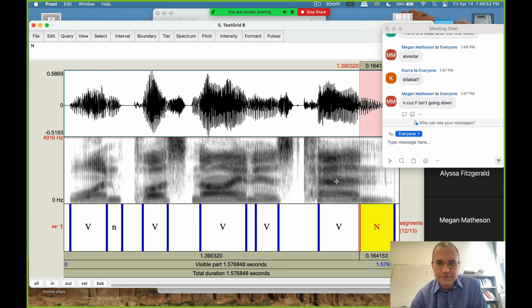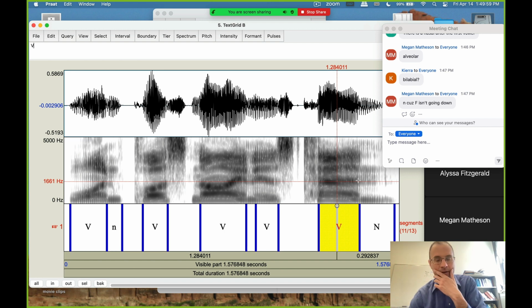Yeah, so take a look at F2, and as Megan points out, staying pretty level. So for bilabial, we'd want to see it pop down like we saw in the practice exercises. For velar, we'd probably want to see it go up and meet up with F3 there. So yeah, I think that's also an alveolar. It's a good call with that.